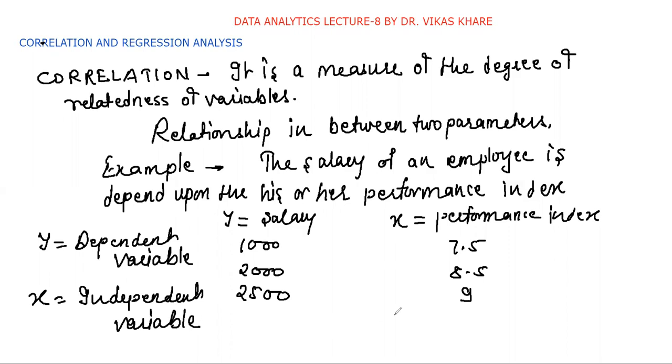So we identify the relationship in between dependent and independent variable, or try to develop a formula in between y and x, where y is equal to salary of an employee and x is his or her performance index. So this is the basic concept of correlation.